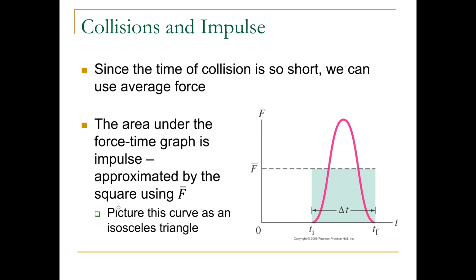And the way we're going to estimate it is just to take the average force, or about half of that peak force. And you can think of this as the same thing as if you pretend that is just a triangle. And so if we did 1/2 base times height, that's the same thing as that green shaded rectangle area, which is essentially 1/2 height times the base.